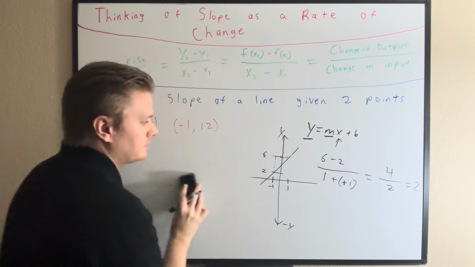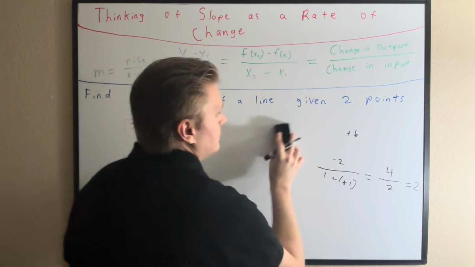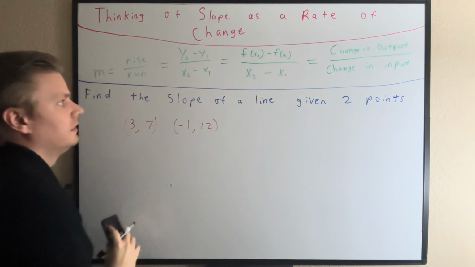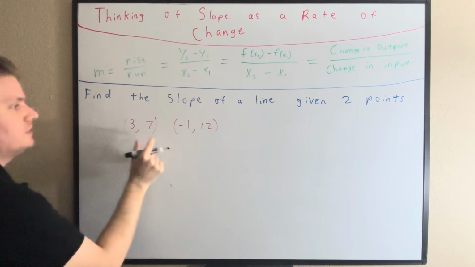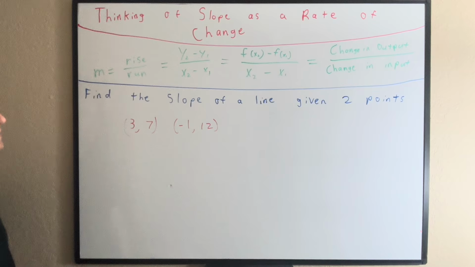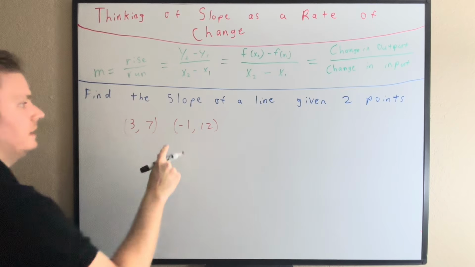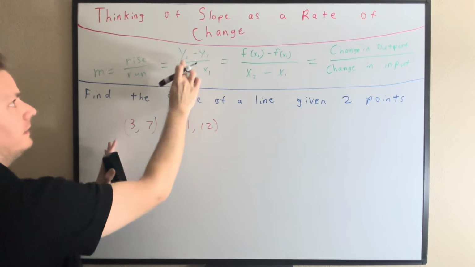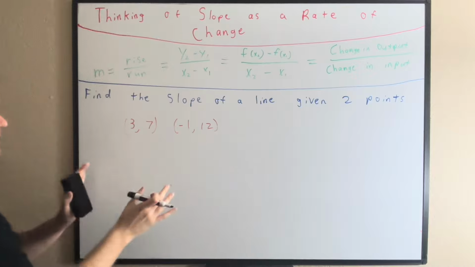Now, let's use that to find the slope of a line given just 2 points on that line. Well, we have the formula right here, right? We can assign those values to the points.